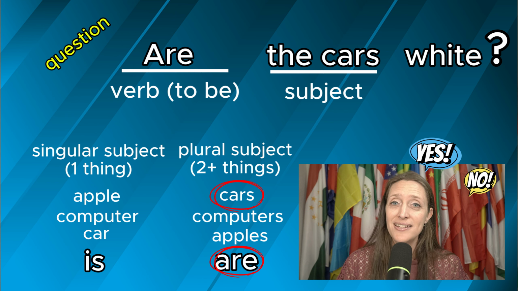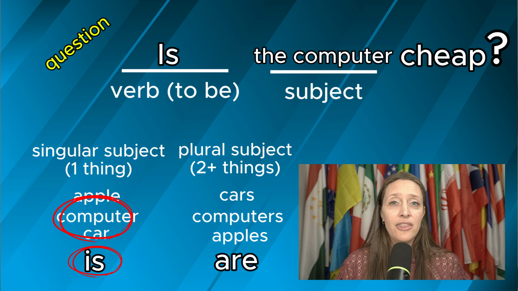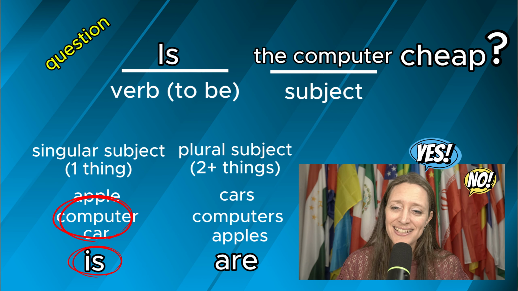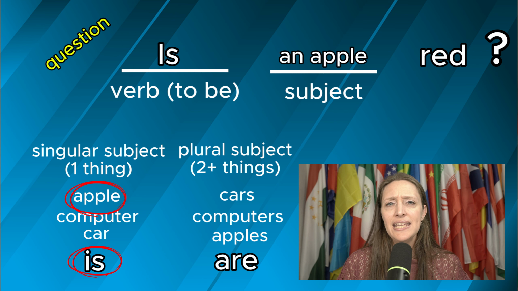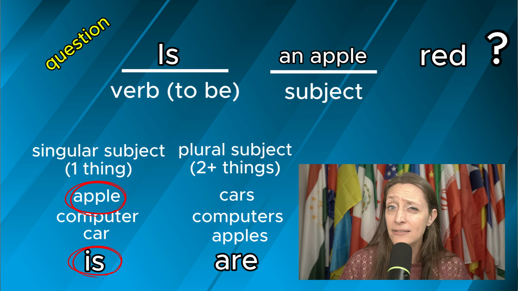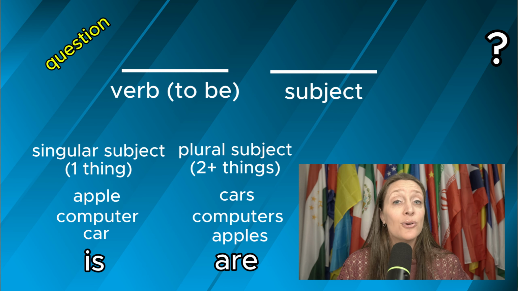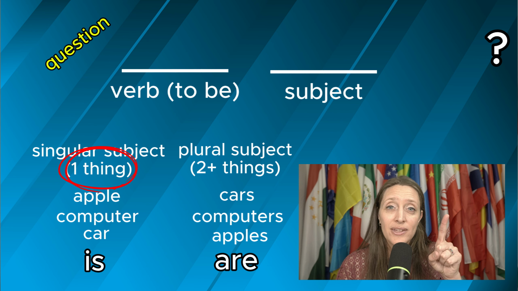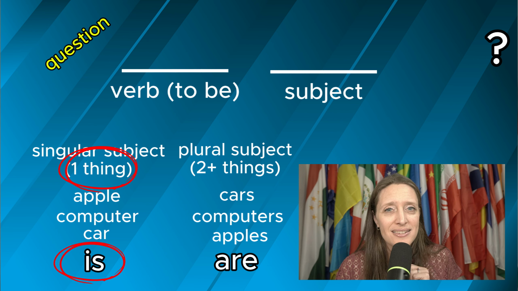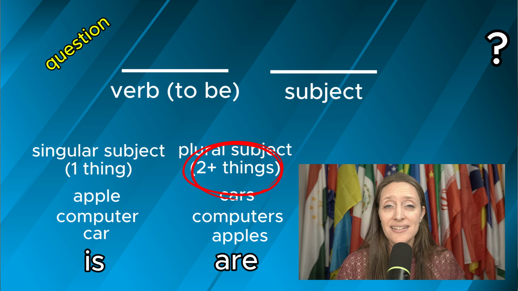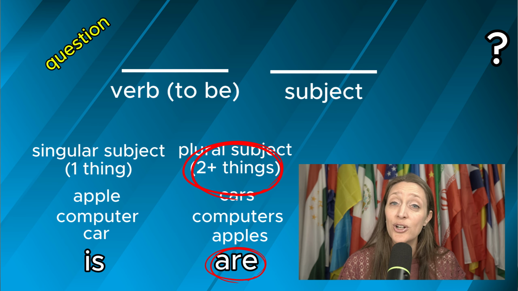No, they aren't. Is the computer cheap? Yes, it is. No, it isn't. Is an apple red? Yes, it is. No, it isn't. Remember, when you are asking about one thing, you have to use the word is. When you are asking about two or more things, you have to use the word are.